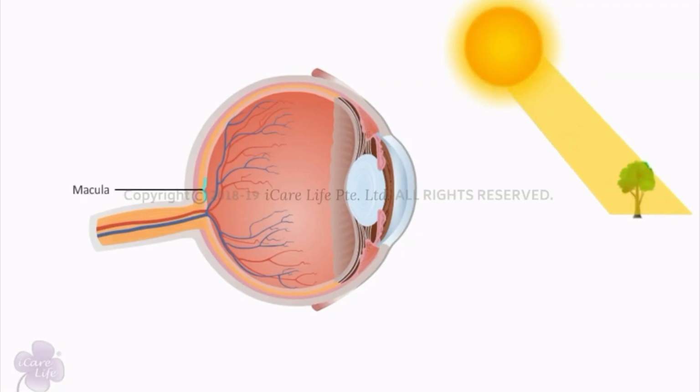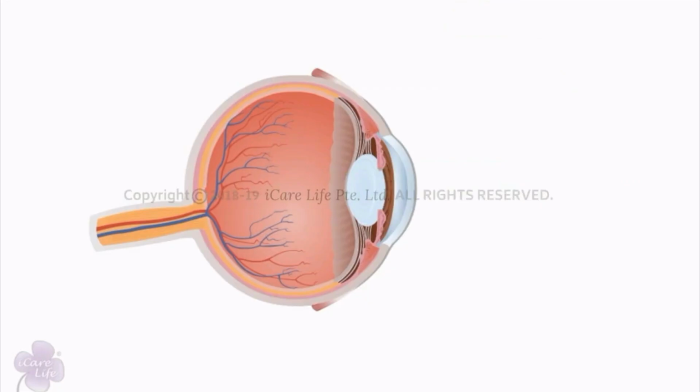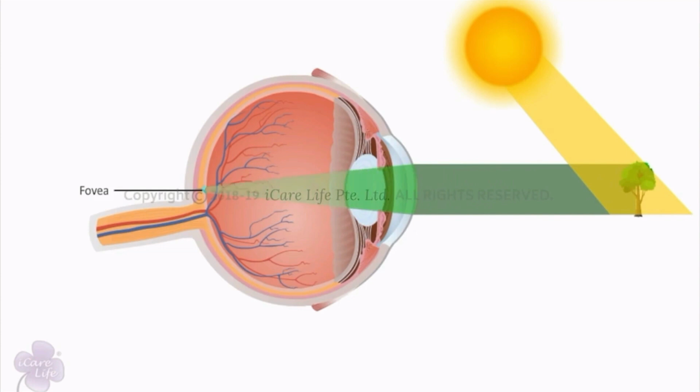When light strikes macula, we can see clearly because there are many cones in this region. Inside macula, there is a small pit called fovea, which contains only cones. Our vision is the sharpest when the light reflected from an object strikes fovea.